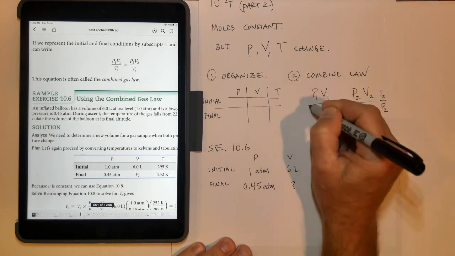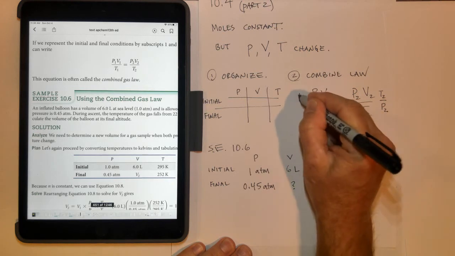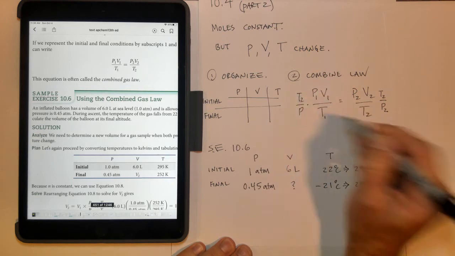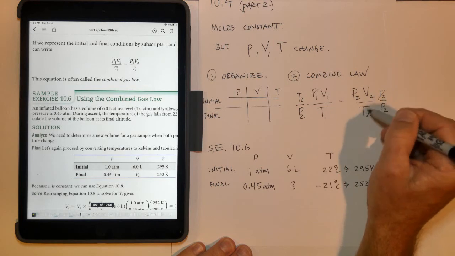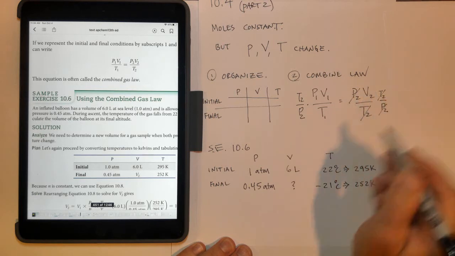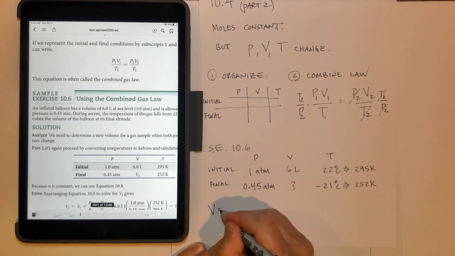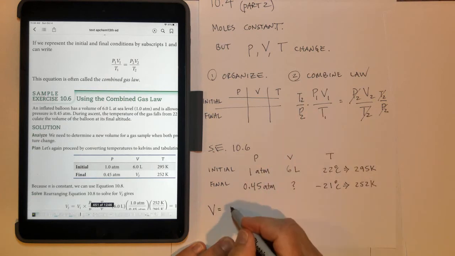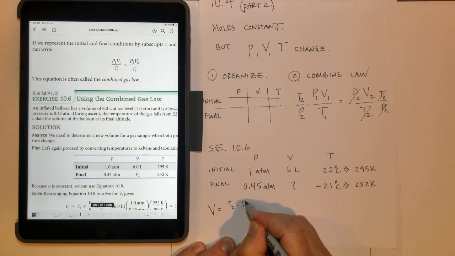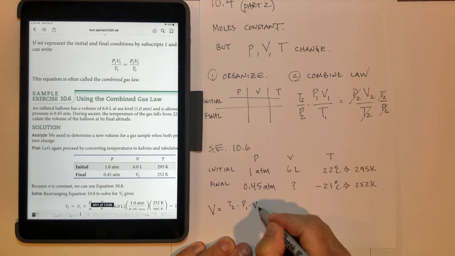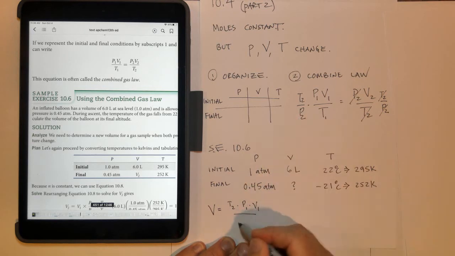What I do to one side of the equation, I have to do to the other. So this is T2 over P2 as well. Then these cancel with one another, and we're left with volume 2 equaling temperature 2 times pressure 1 times volume 1 divided by pressure 2 times temperature 1.